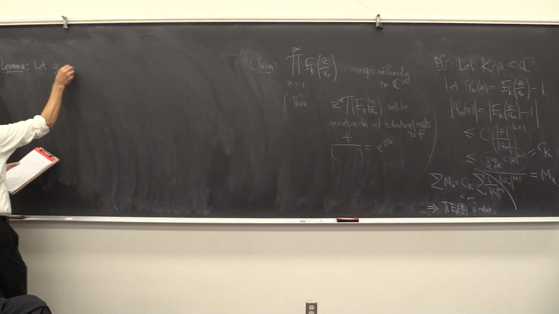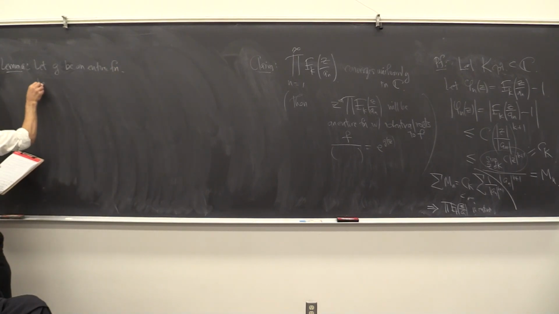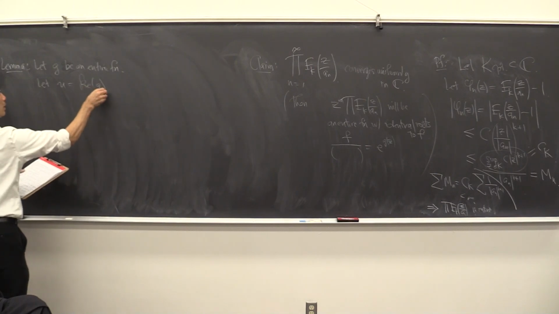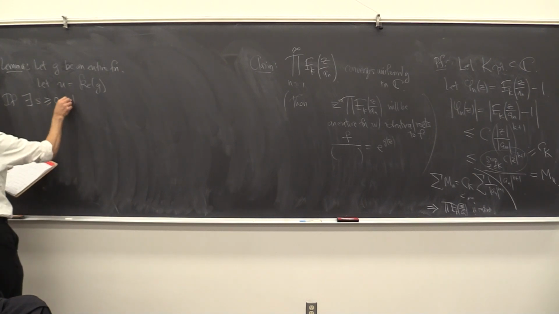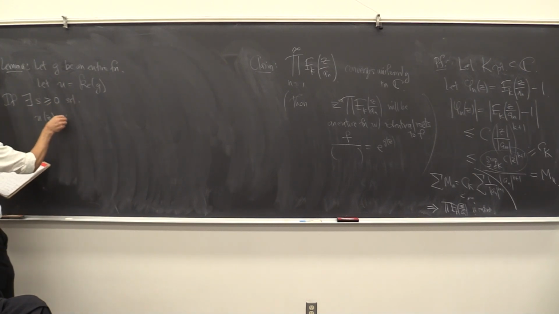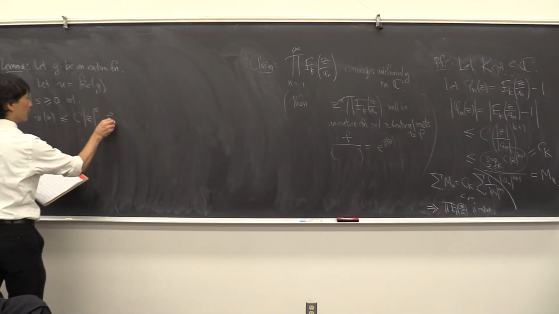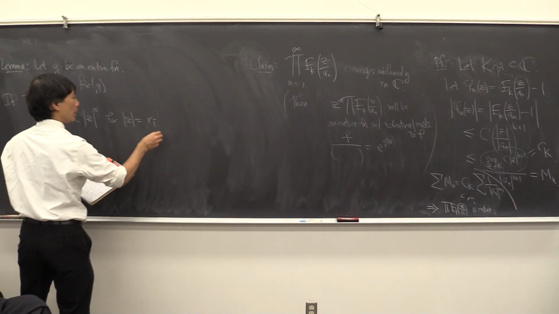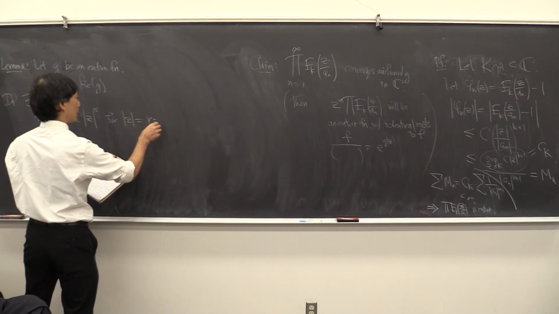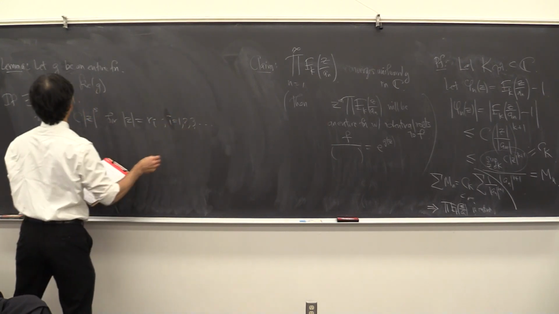Suppose that G is an entire function, and let U be the real part of G. If there exists an S greater than or equal to 0 such that U of z is less than or equal to C times |z|^S, for z with |z| = R_i, i equals 1, 2, 3, and so on.